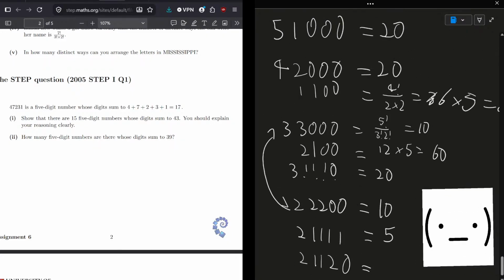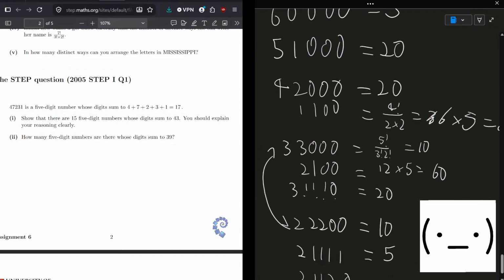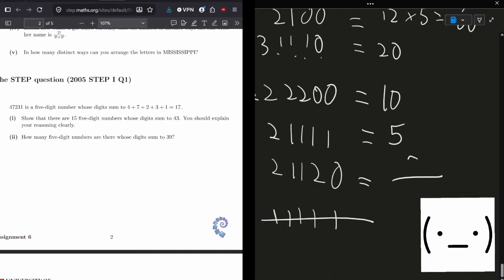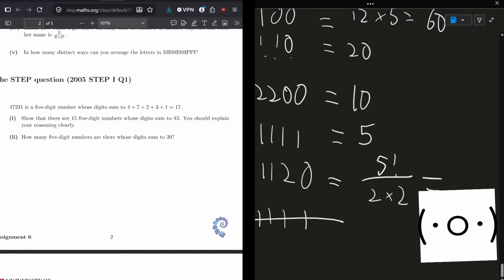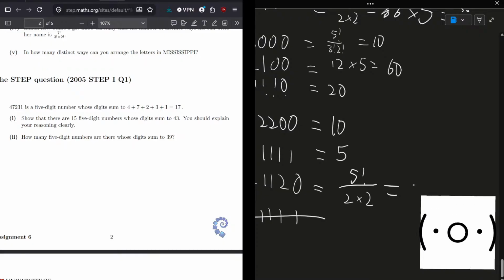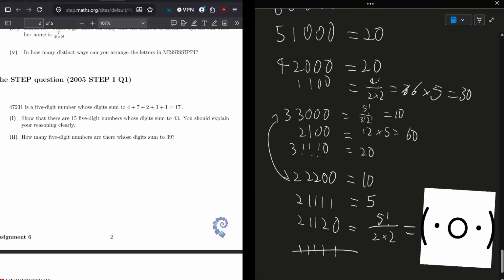And then this, we already did the calculations for somewhere, I believe. Have we? No, we haven't actually. So, again, 5 factorial, divide by 2, divide by 2, which means it is, let's see. Wait, we have done this before. We have this one.